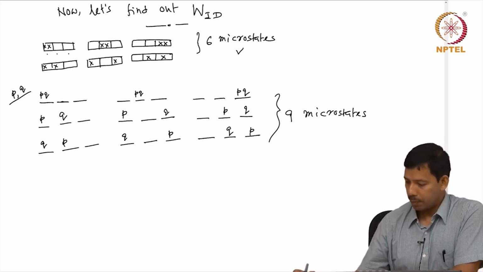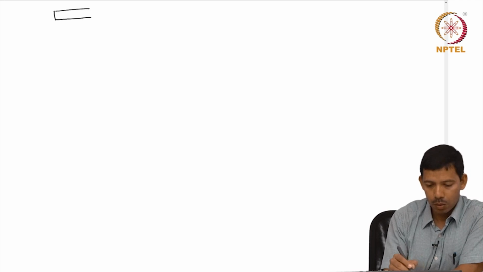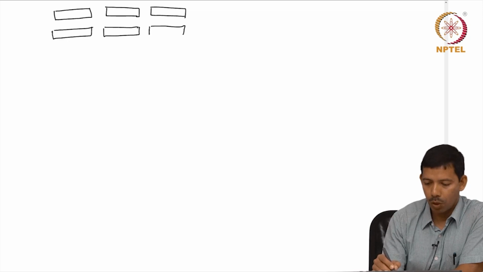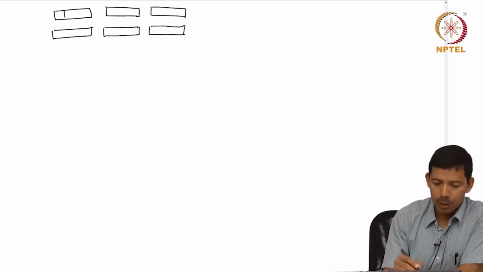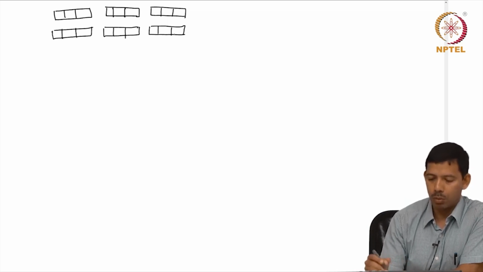Now for this particular system, we have 2 particles. Let me redraw this again. This is very important to understand. So basically I am redrawing the energy state with threefold degeneracy, in which 2 particles are distributed.